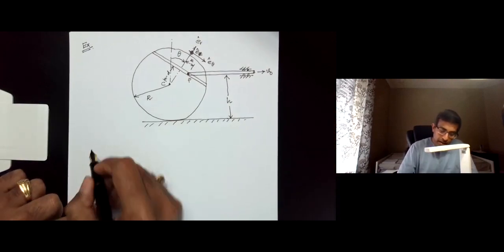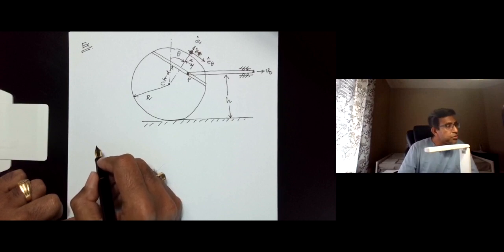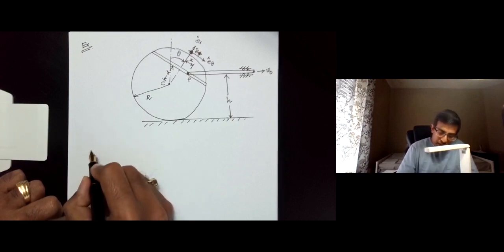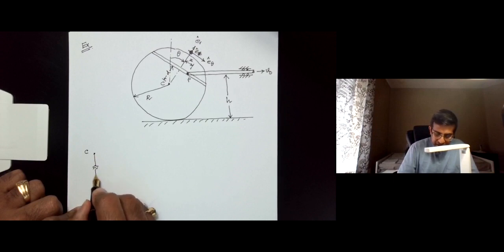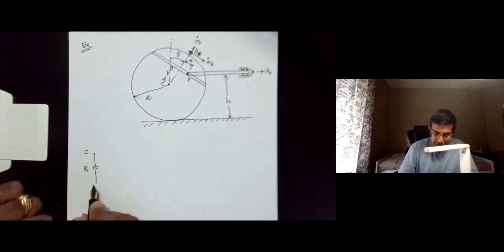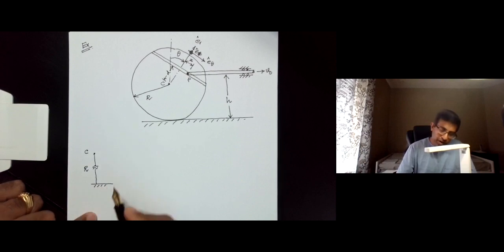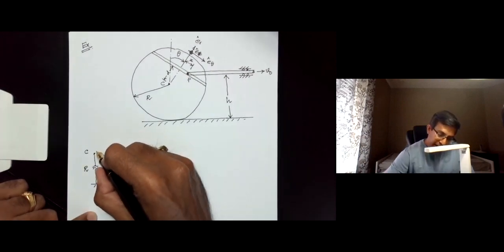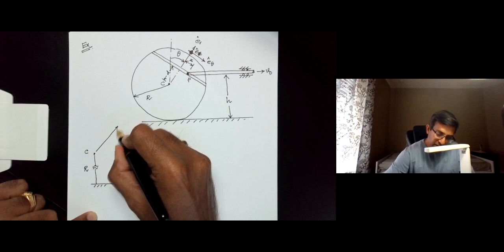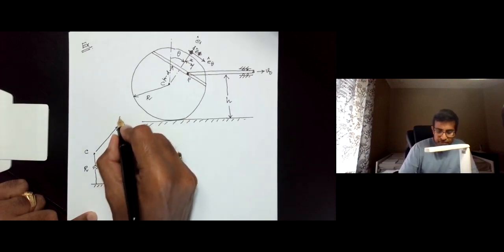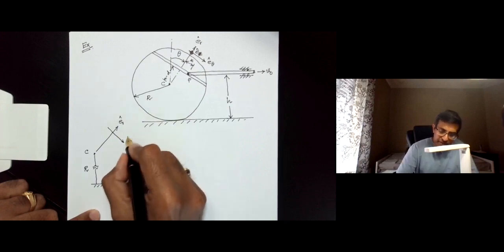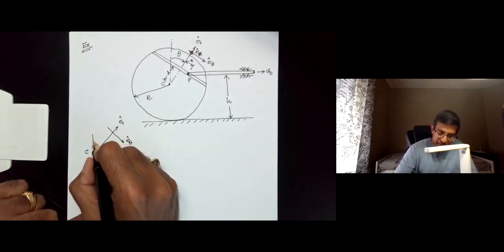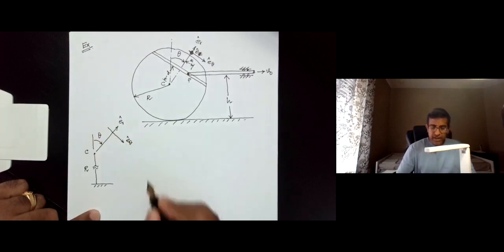So if you think about the center, I'm going to just sketch it separately. The center, let's say, is at distance R from the ground, and at the center, let's say that this is the direction of ER, and this is the direction of E theta, and ER makes an angle of theta.